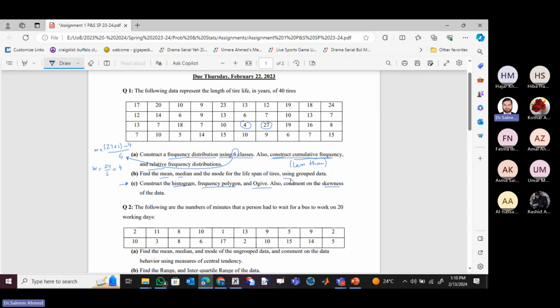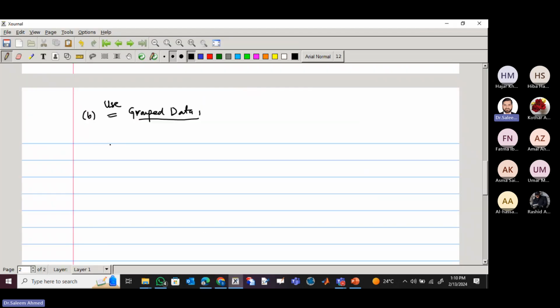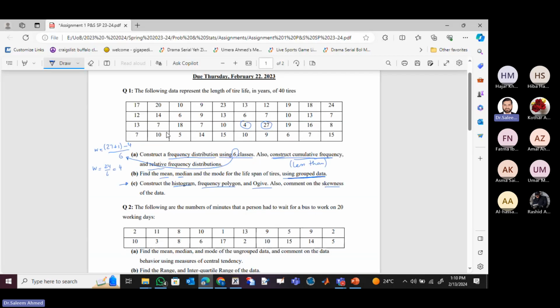I think I wrote that here as well, using grouped data. So we know that for grouped data, I need the mean, if you are calling it sample, is it a sample? Let's see. The following data represents the length of tire life in years of 40 tires. So of course these 40 tires have to be a sample, right? But they did not say anything whether it's a sample or not.